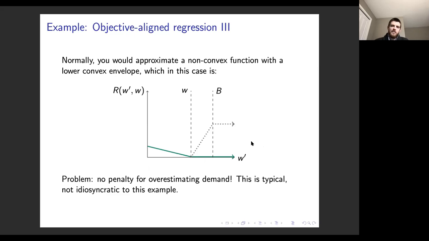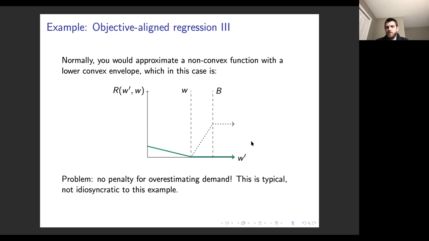If you have a non-convex function, there are standard ways of replacing it with a convex function. One of those is the lower convex envelope, which is basically the largest convex function that's still an underestimate of your function.